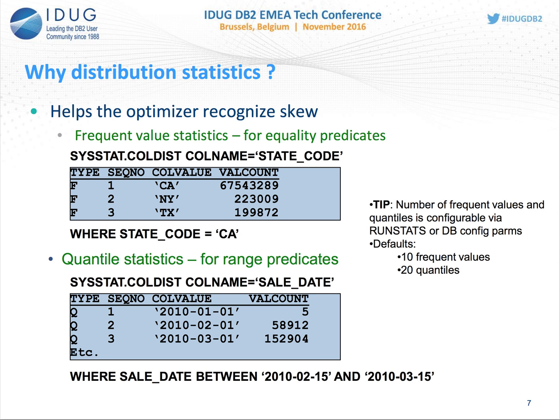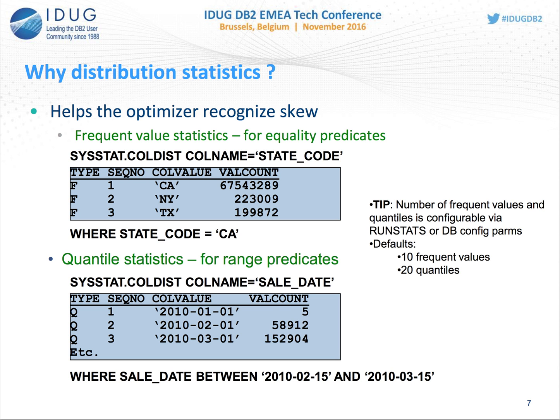In this example, we've got the state code, and for whatever reason, California is far more frequent than, say, New York or Texas. The optimizer uses that. If you have a search condition that's looking for a particular value, it will know exactly how many rows exist with that value, and that can make a big difference in terms of whether the access plan should be an index scan or a table scan, and it affects join orders.